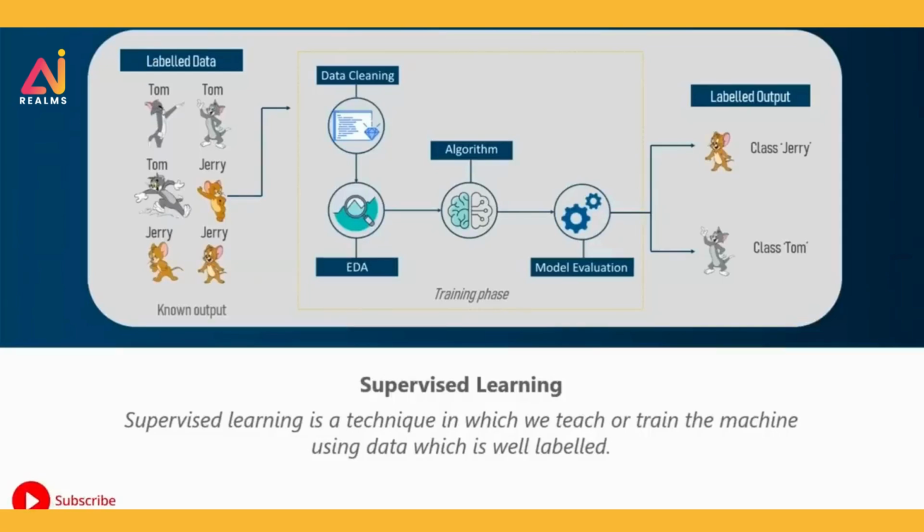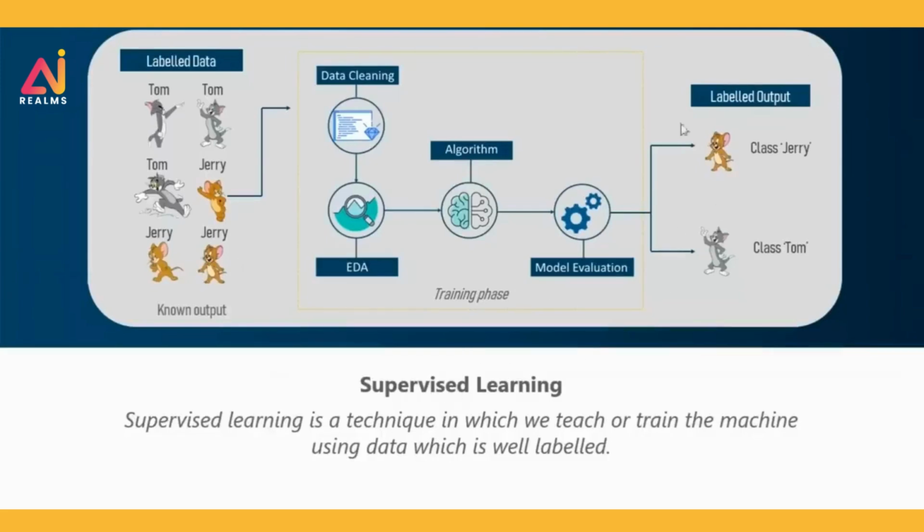Apart from that, it's the same old process. After getting the input data, you're going to perform data cleaning. Then there's exploratory data analysis, followed by creating the model by using the machine learning algorithm. And then this is followed by model evaluation and finally your predictions. All right. Now, one more thing to note here is that the output that you get by using supervised learning is also labeled output.